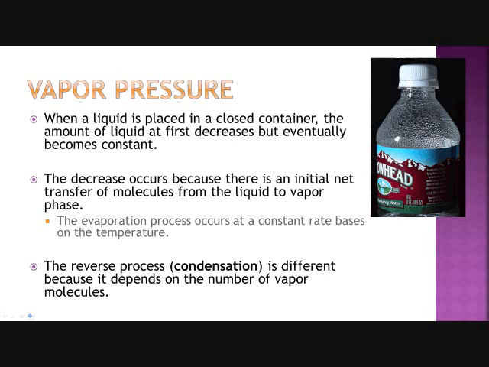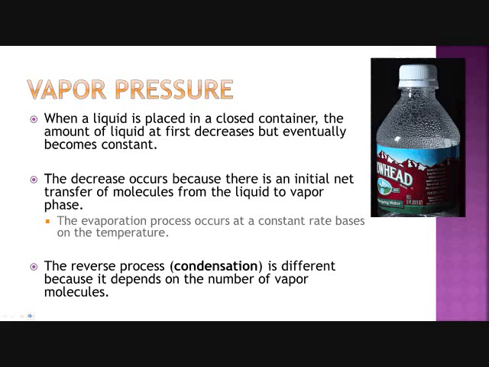But then after a while, there will be a constant rate, and maybe some will turn back into a liquid because there's only so much space in the water bottle above your water, so some of it will recondense into a liquid. So the droplets at the top of the water bottle are the liquid form when the molecules come back together and the intermolecular force pulls them back together.